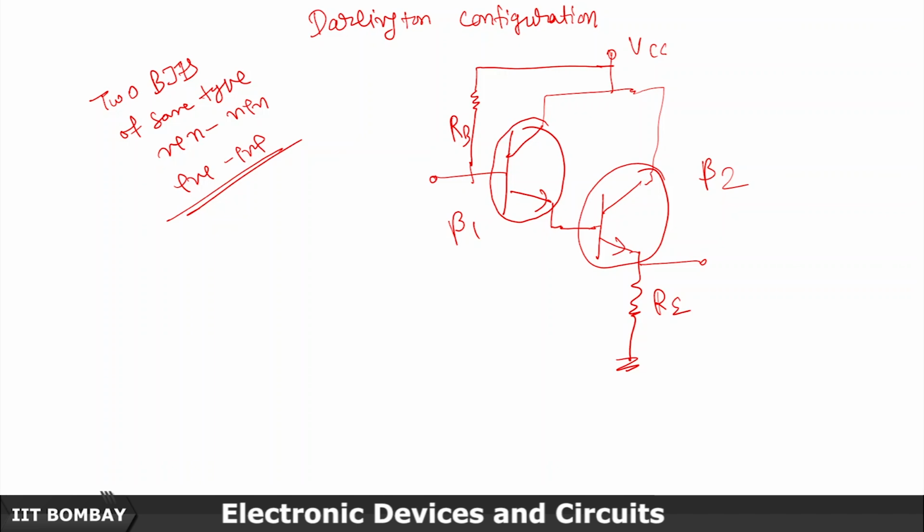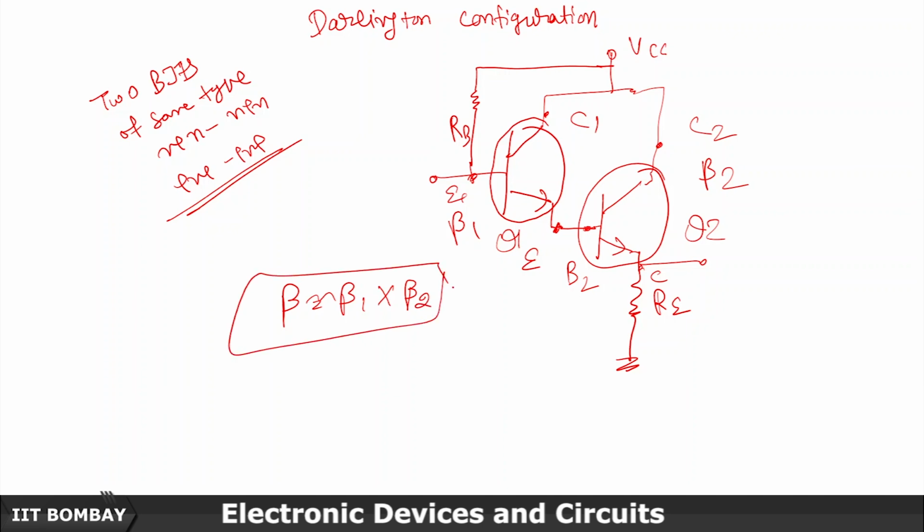You can see the emitter of Q1 is connected to the base of Q2. This is base, this is emitter, these are collectors, C1, C2. Now the equivalent beta for this is approximated as beta 1 into beta 2.